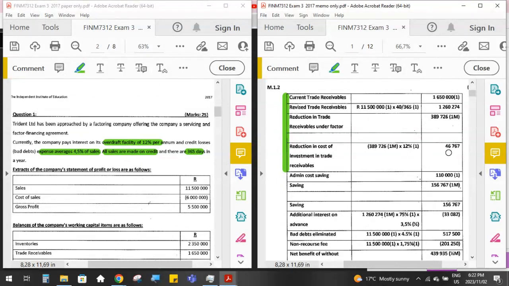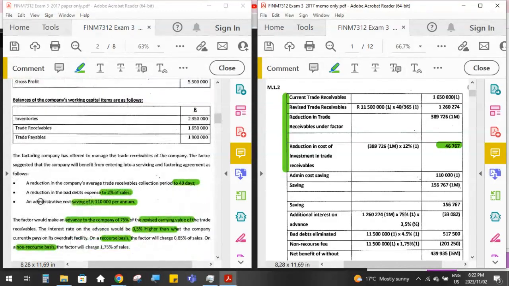So we will then have a savings, which would be an interest savings, which in other words, we would be paying 46,767 less in interest throughout the year as a result of not having to have such a high investment in our trade receivables. So that's the first savings that we've got there.